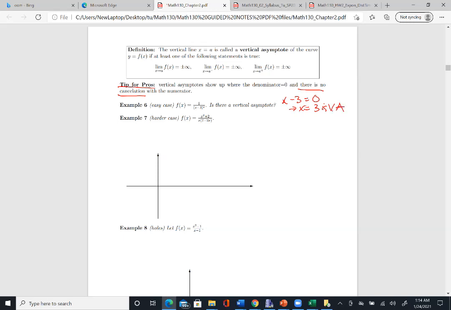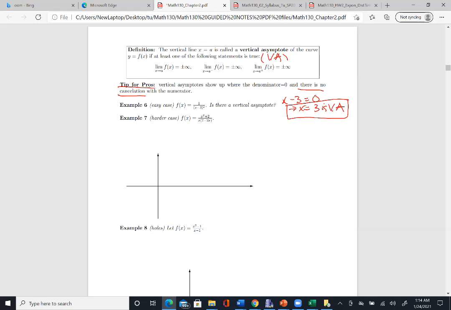VA here is vertical asymptote, okay? Let me notate it here. Let me circle this. You have the answer. I really like it if you circle the answer, so the reader can easily understand.